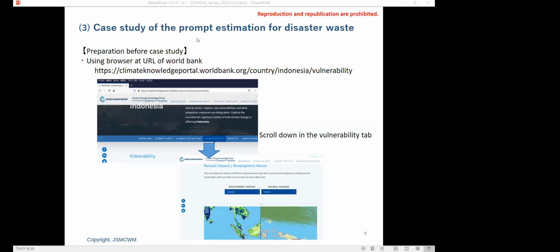Now I just copied the URL of the World Bank. Maybe participants can copy it and put it in the browser.